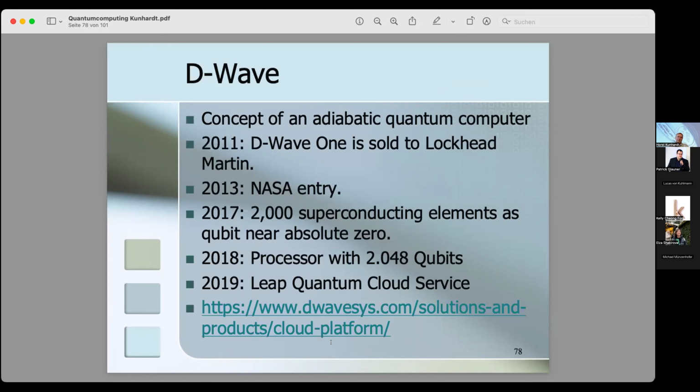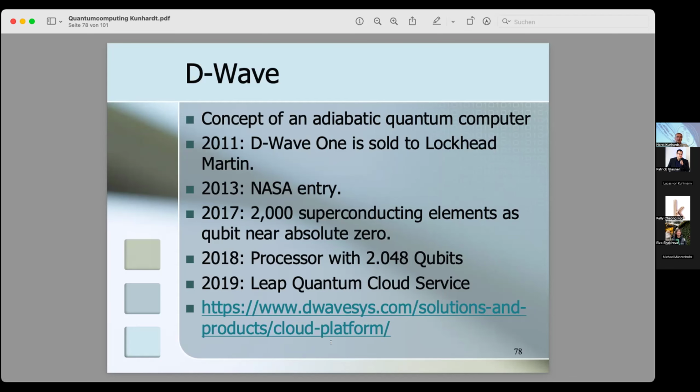So D-Wave was founded 20 years ago, and it was a kind of shock in the industry and in the scientific world that D-Wave was sold to Lockheed Martin, and the NASA in 2030 opened a public resonance for the field of quantum computing with the promising number of 2,000 superconducting elements called qubits by D-Wave.